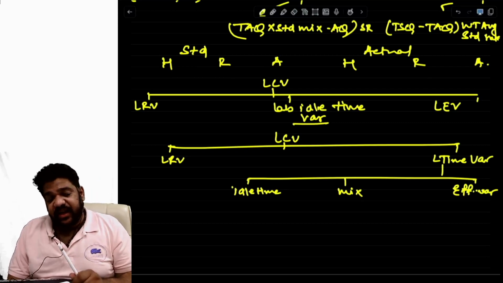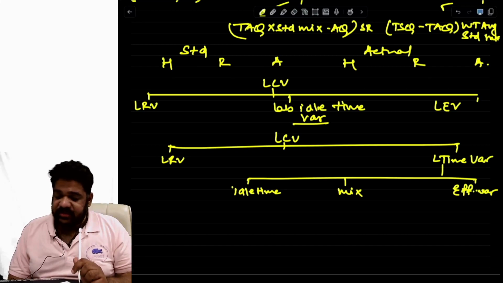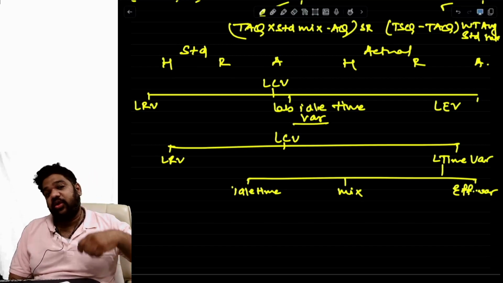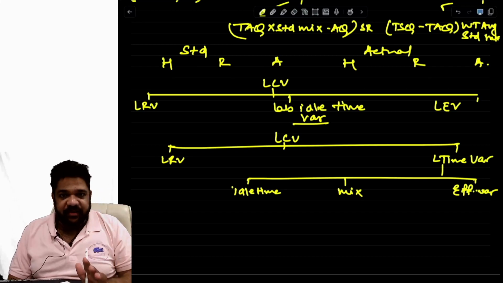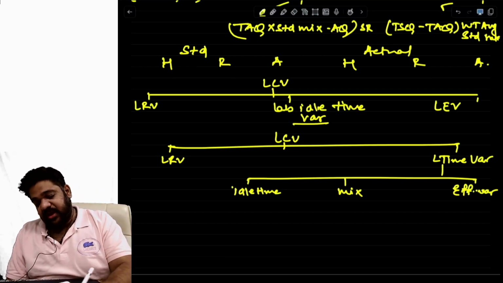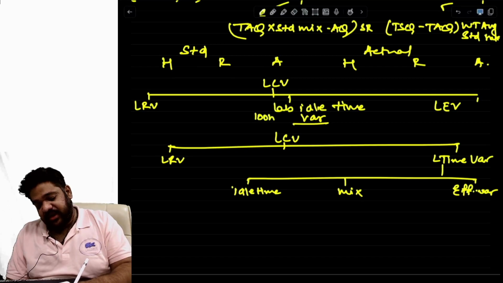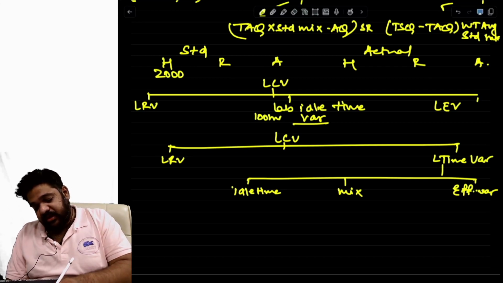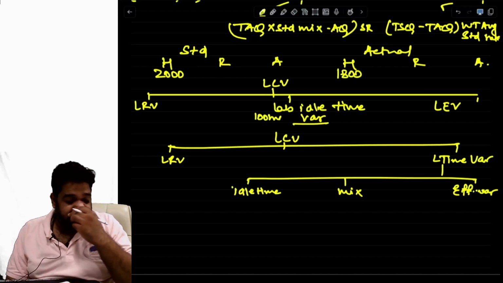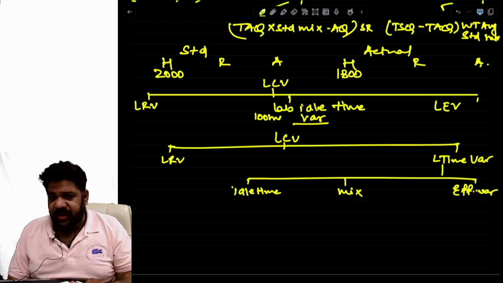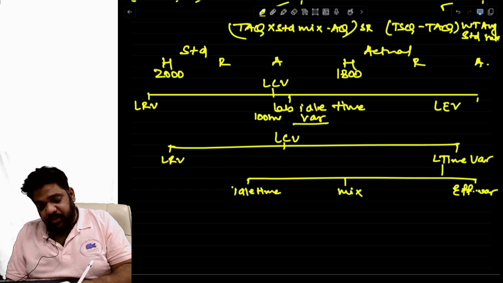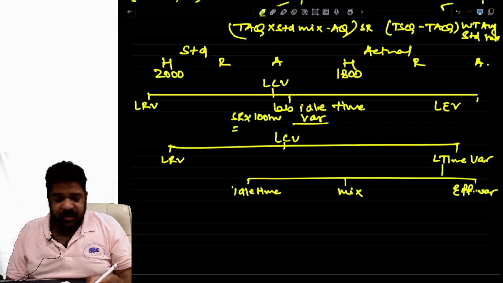Second, if you've been given the idle time as a separate variance, then all the variances after the idle time variance should not have idle time in them. So for example, let's say if 100 hours were idle time, let's put some random numbers, 1800 hours. Now if this is the situation and they say actual hours had 100 hours of abnormal idle time. So you took abnormal idle time into the standard rate, whatever, and got your answer.